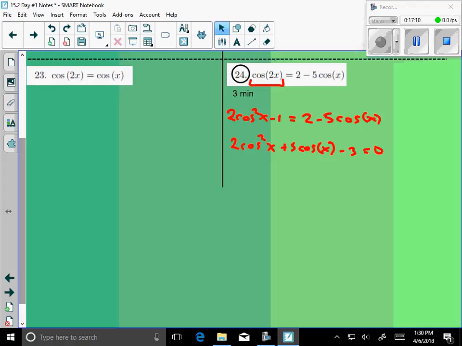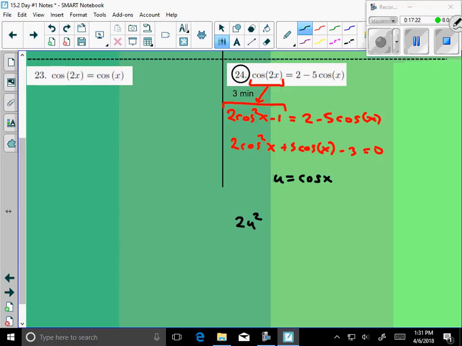Pause for a second. So u substitution, I want u to equal cosine of x. Therefore, I would have 2u squared plus 5u minus 3 equals 0. I think we could probably factor that together.